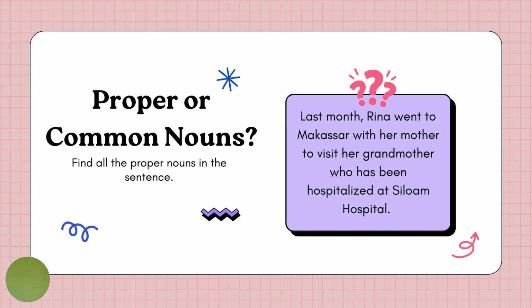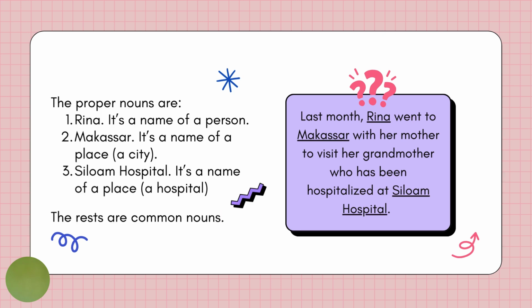I'll let you think for 3 or 5 seconds. 5, 4, 3, 2, 1. Okay, I hope you have the same answer as this slide. The proper nouns are Rina, Makassar, and Siloam Hospital.